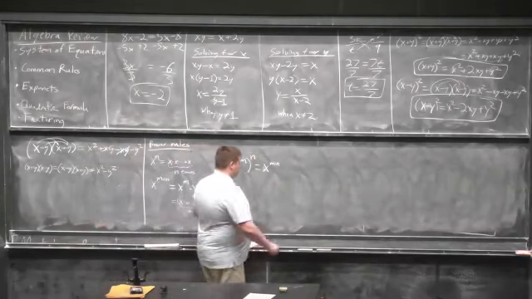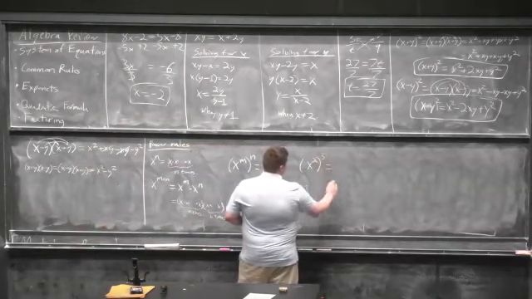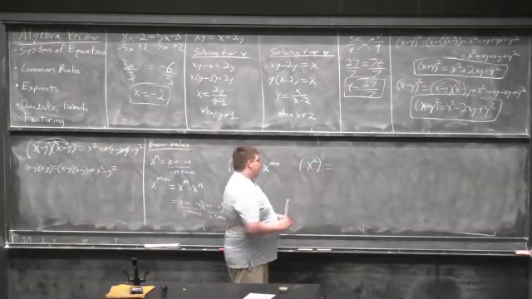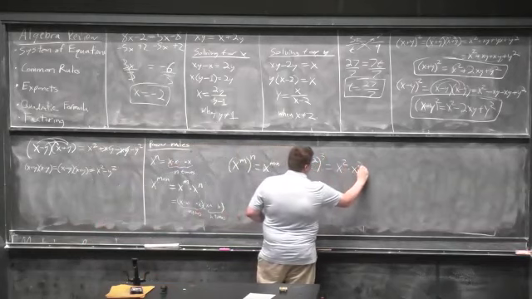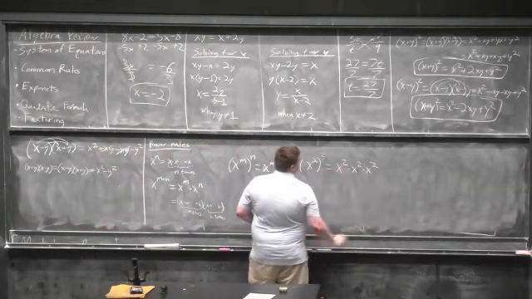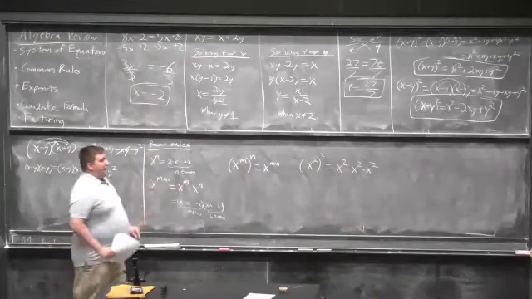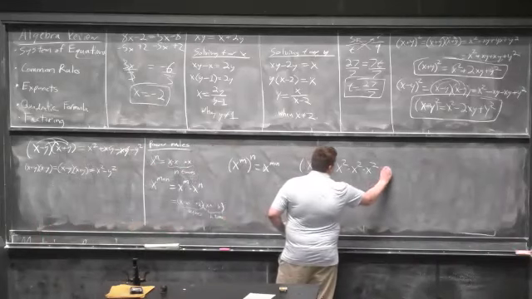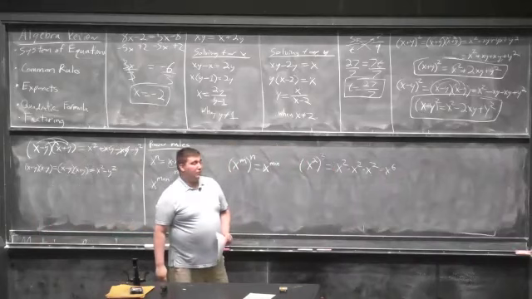So an easier example would be x squared, cubed. The cube is touching the parentheses, meaning that I have x squared times x squared times x squared. Well, that now looks like this rule. We add them together, so we have 2 plus 2 plus 2. Well, that is 6. Well, that's the same thing as 2 times 3.